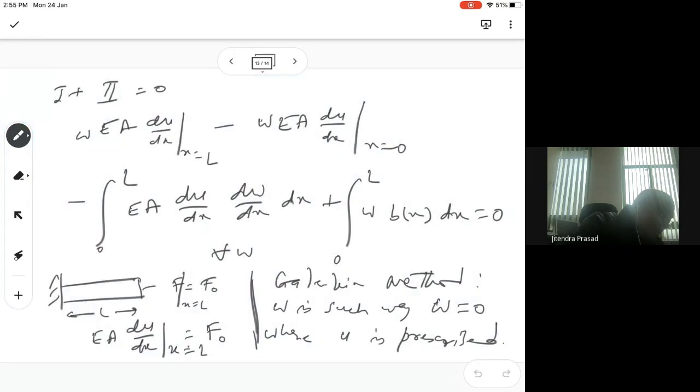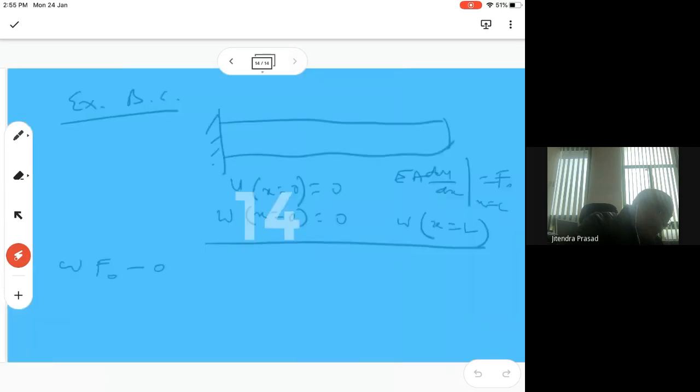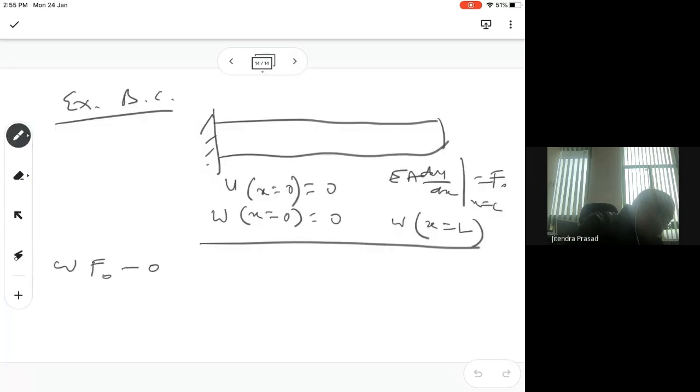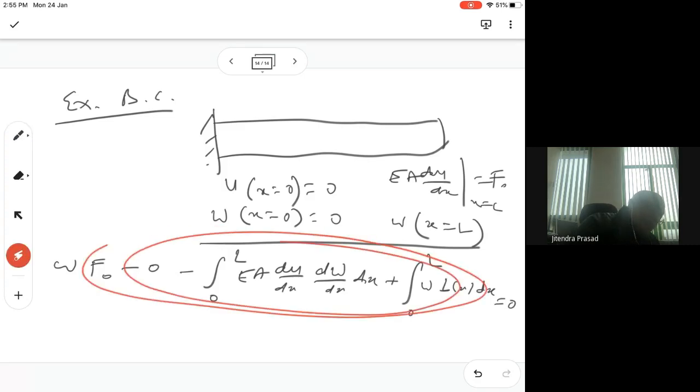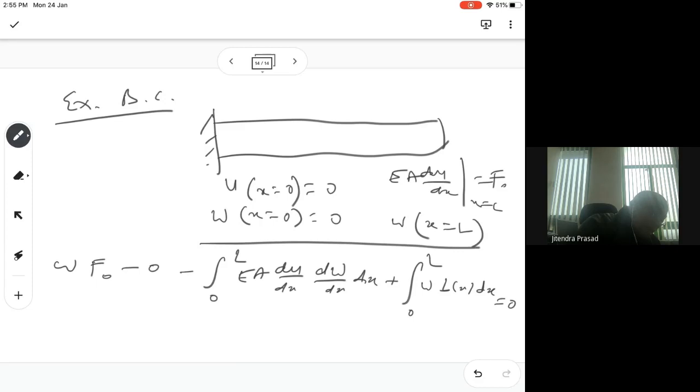This is an example of how we are working it out. And then you have this term and this term, and then plus minus integral 0 to L of EA du over dx dW over dx plus W bx dx is equal to 0. You can take the other term to the other side.